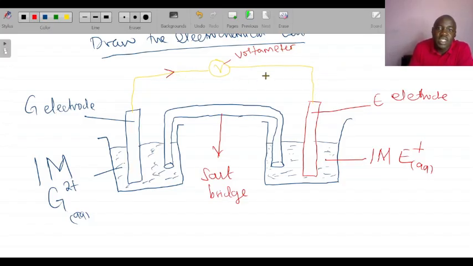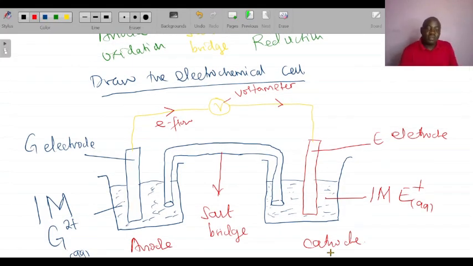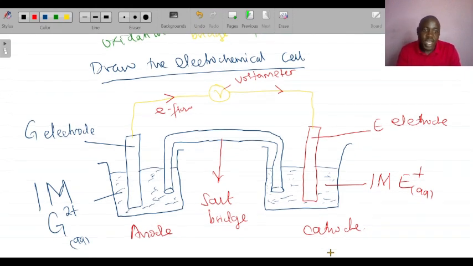And don't forget, you can show how electrons are flowing, because this becomes our anode and this becomes our cathode. So whatever I have there is what we now call an electrochemical cell, whereby on the left hand side we have our anode where oxidation takes place, and on the right hand side I have my cathode where reduction takes place.